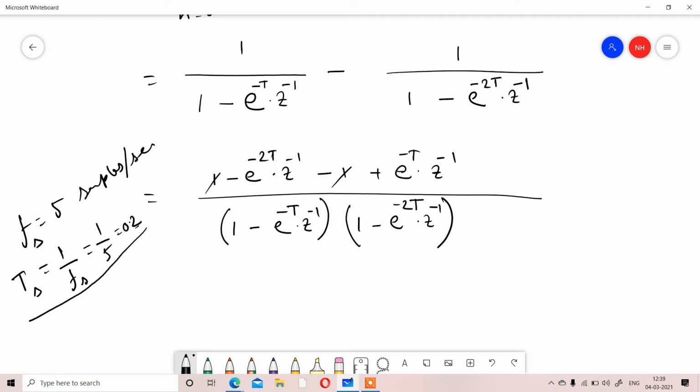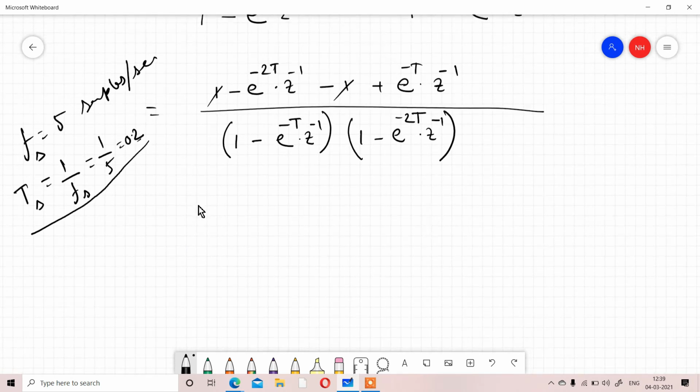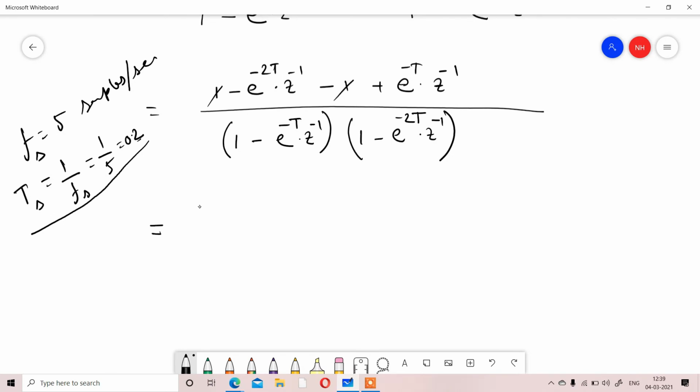That will be the value of t. So we will replace the value of t as 0.2.